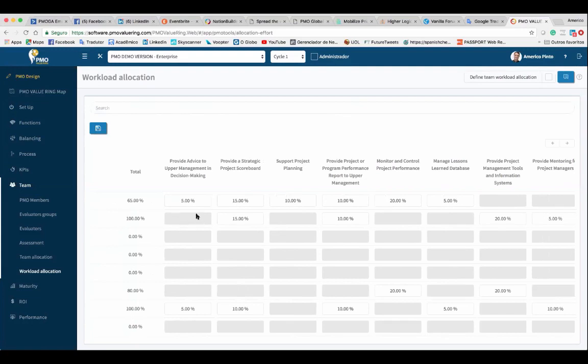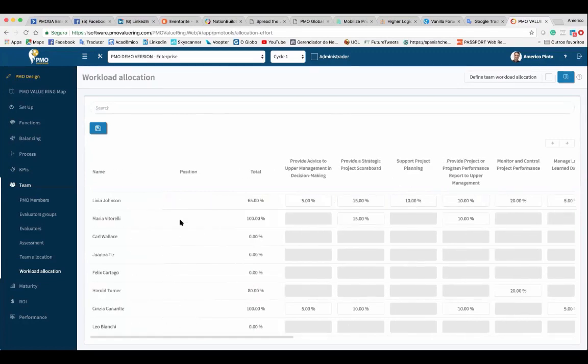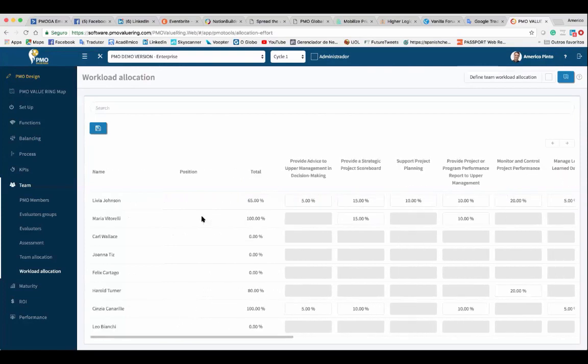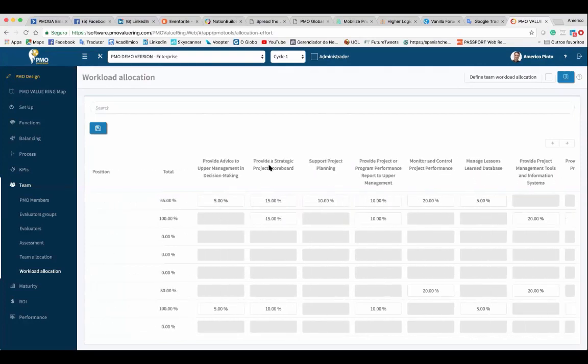Every time you have a gray field, it means that this person was not assigned to the function in the column. Okay, so for example, here is gray. It means that Maria was not assigned to provide advice to upper management. However, Maria was assigned to provide a strategic project scoreboard.